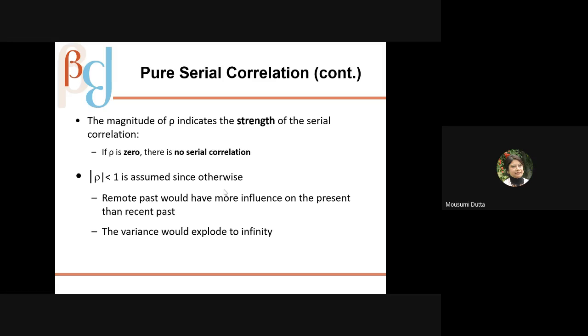So the recent past should have more impact on ut compared to the remote past, and for that matter we are considering mod rho to be less than 1. To understand why variance would explode to infinity, formally we need to calculate it. We will do that in due course, and I think the second point will be cleared.